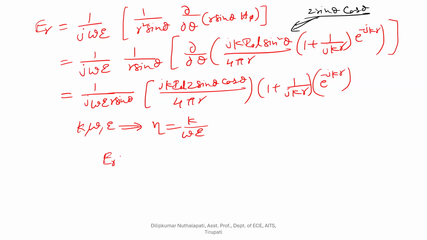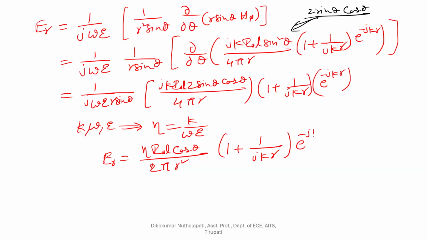So we get the field component of E in terms of r as eta I naught L cos theta divided by 2 pi r square into 1 plus 1 by jkr into e power minus jkr. This is the final term for the r component.